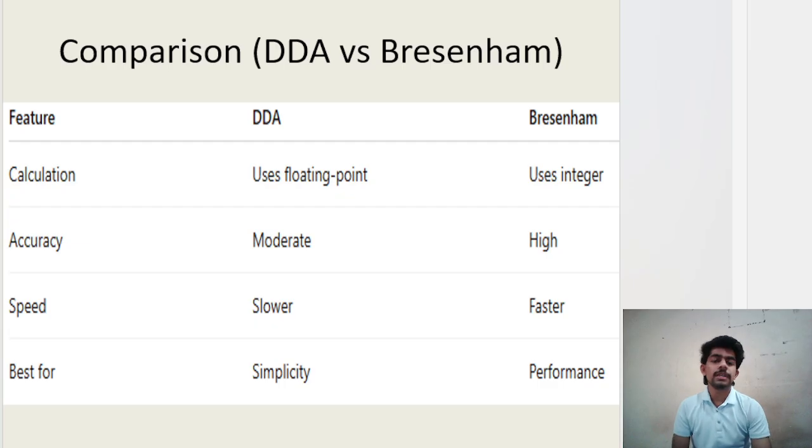Speed: slower versus faster. DDA is best for simplicity, Bresenham's is best for performance. If you seek performance, then Bresenham's is preferred. But if you seek simple implementation or teaching purposes, then DDA is quite easier and understandable.